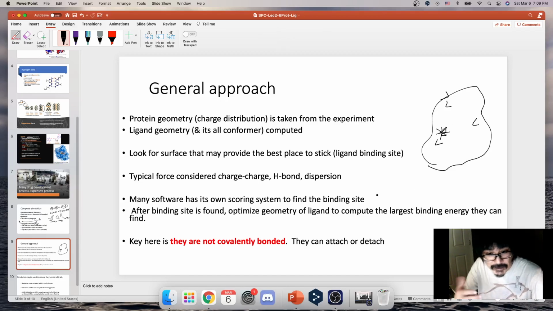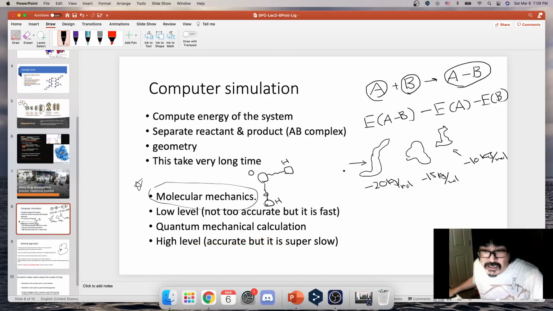But once you find it, then you can change the geometry of the ligand. Maybe optimize the geometries. As I said before, the free ligand may have this form right here, but if the protein is nearby, it may be better to have a structure like this to make the interaction with the protein.